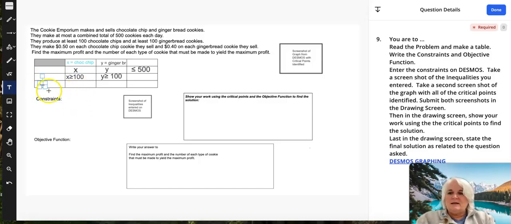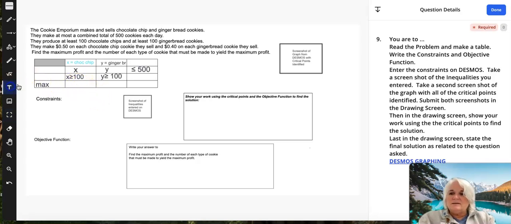Max, and the table is to help you organize it. So if I'm not filling in those other two, it doesn't really matter. I could put total here and then the at least here for identifying it, but I don't need to do that as long as I can write my inequalities and my objective function from it. The table is a work to help you organize the word problem.